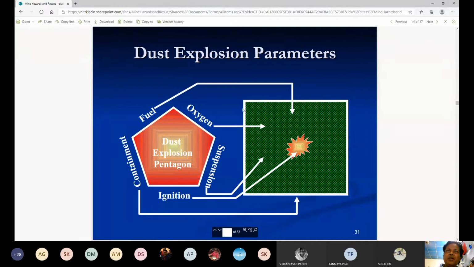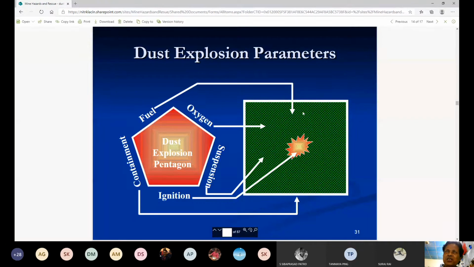In this containment zone, these dust particles are suspended, and they are called the fuel. In this containment zone, in the atmosphere, oxygen is also present.